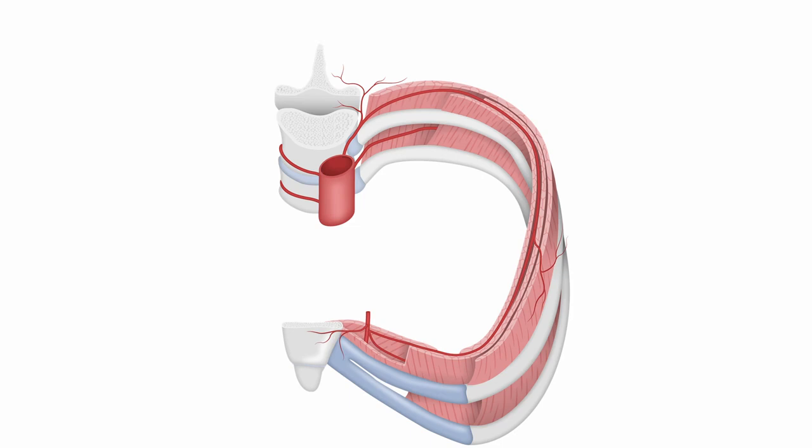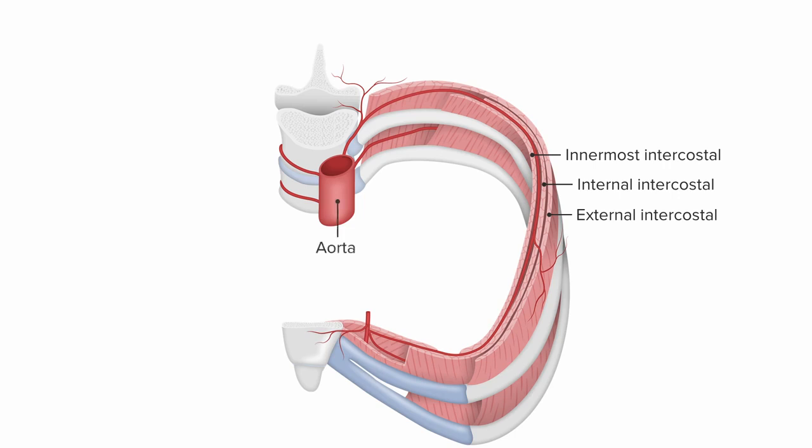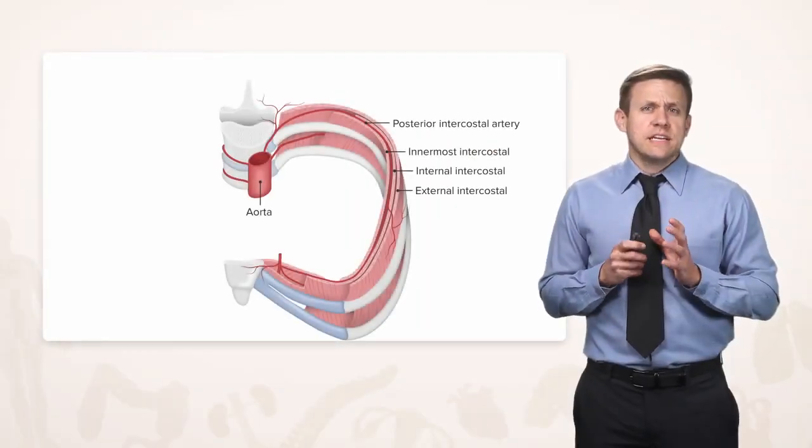So again, from superficial to deep, we have the external intercostal, internal intercostals, and the innermost intercostals. Posteriorly is where we have the aorta, giving rise to the posterior intercostal arteries that are traveling, again, between internal and innermost intercostals. Now, it's also going to give some other branches.